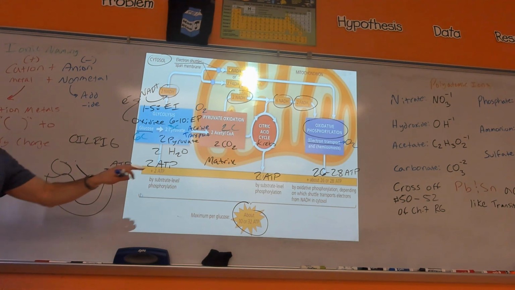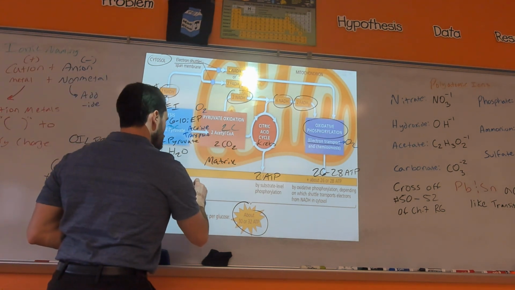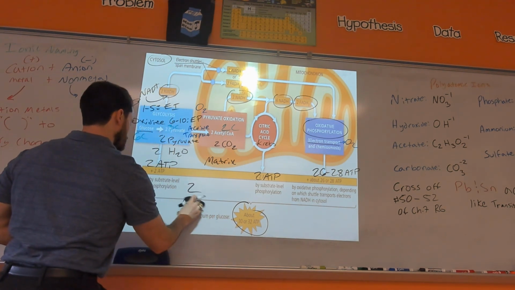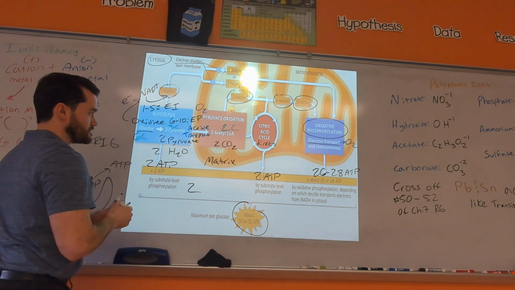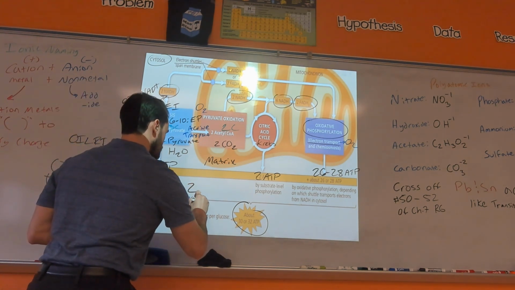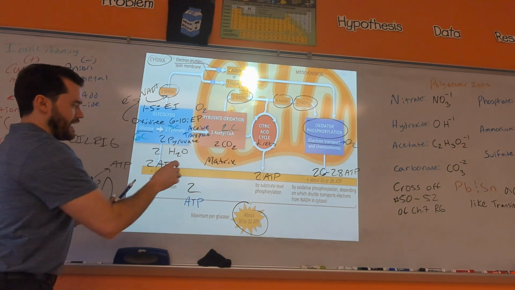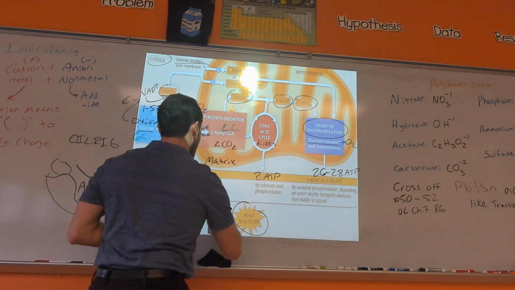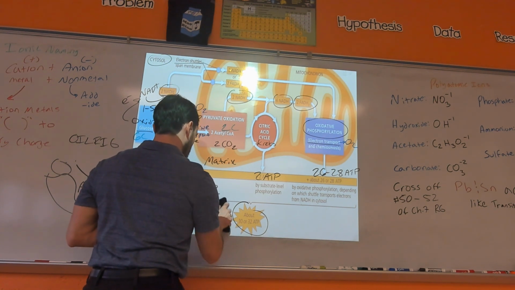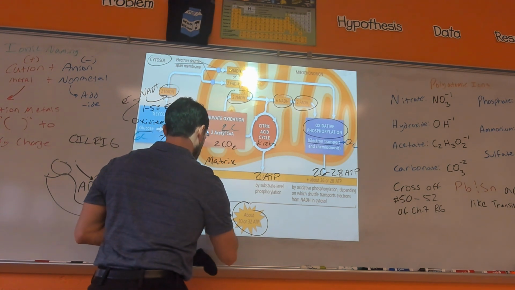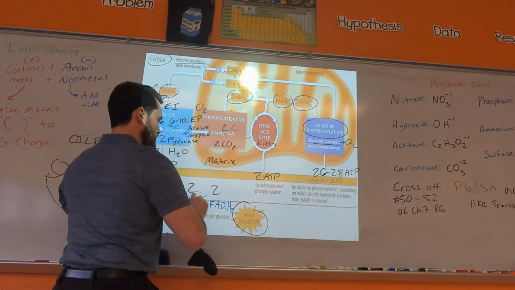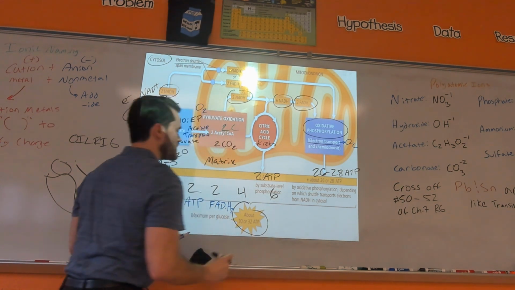So for the citric acid cycle, what you need to memorize is that you make 2 ATP. And it's not 2 ATP, 2 FADH2s. 2, 2, 4, 6 are the numbers you gotta know.